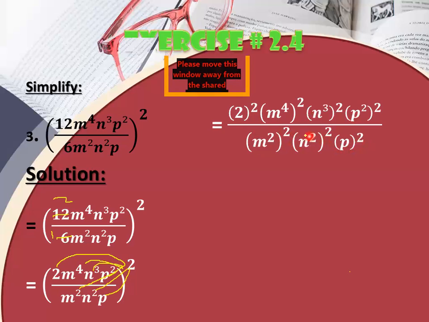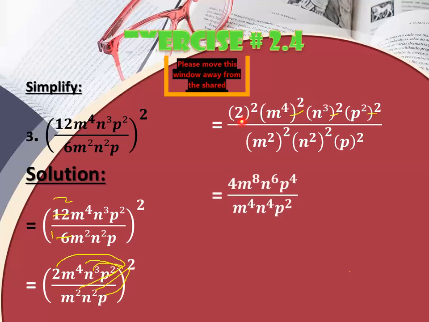Now in the next step, you are going to solve it. The square of 2 will be 2 multiplied by 2, which is 4. But as you can see here, where you have power of the power, you will simply multiply their powers. So how will you multiply it?